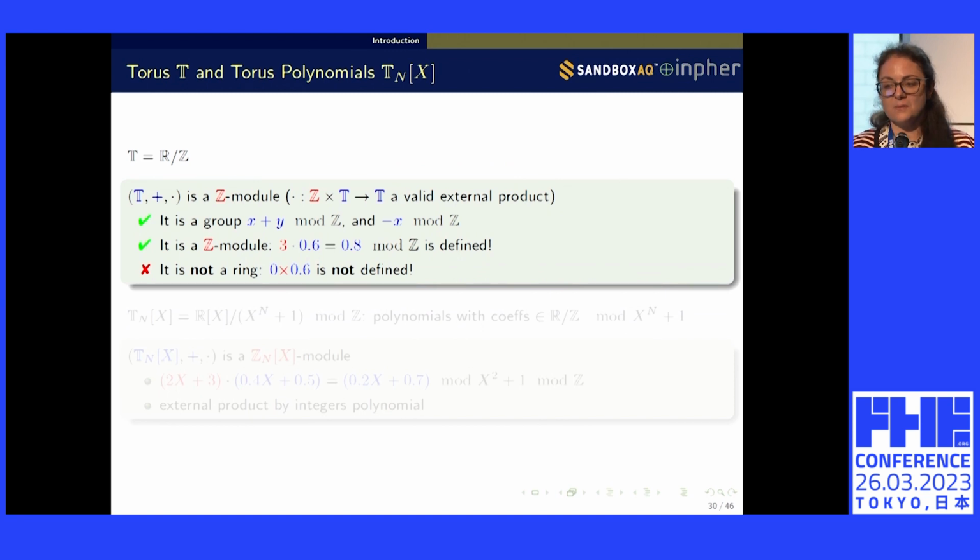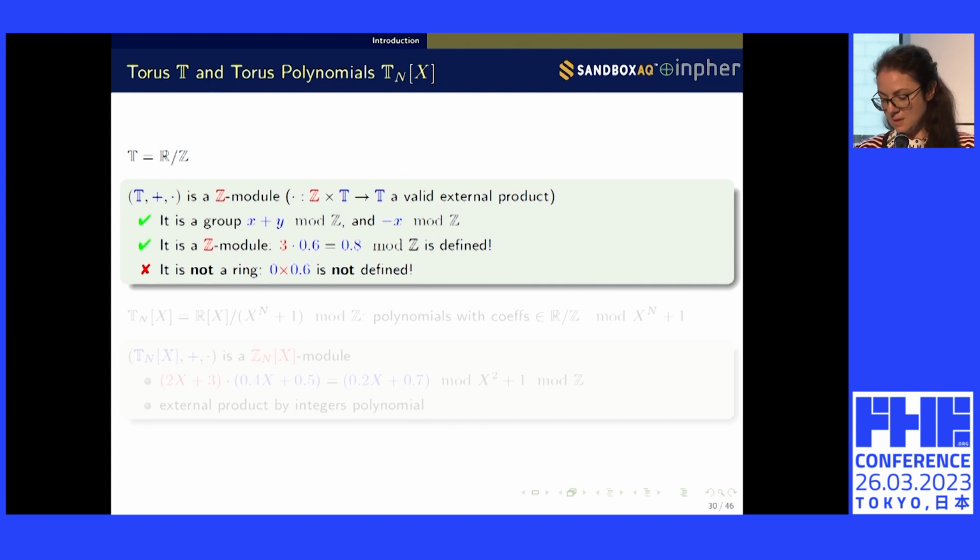What happens if we are not on the real, complex, and integer polynomials, and if we work with the torus? In this case, we have the addition that is well defined. That means the torus is a group. We also have the external product with an integer number that is well defined. That means we are in the Z module, but the internal product is not defined.